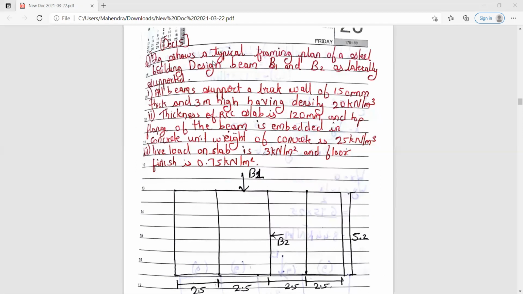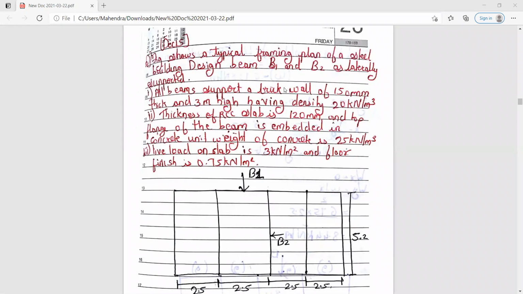The thickness is 150 mm, the height is 3 meters, and the density is 20 kilonewton per meter cube.